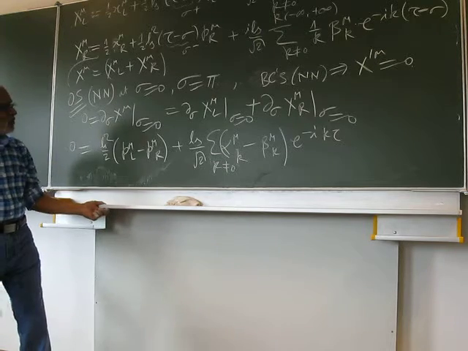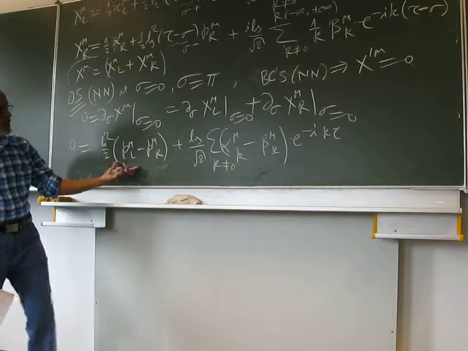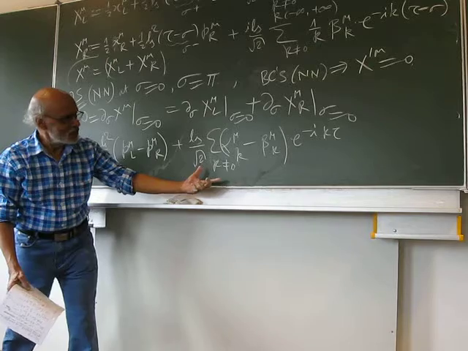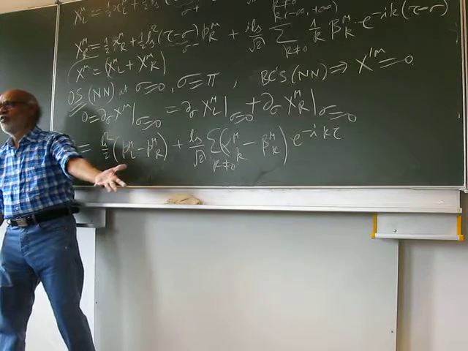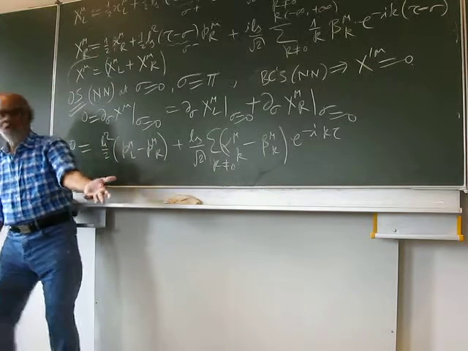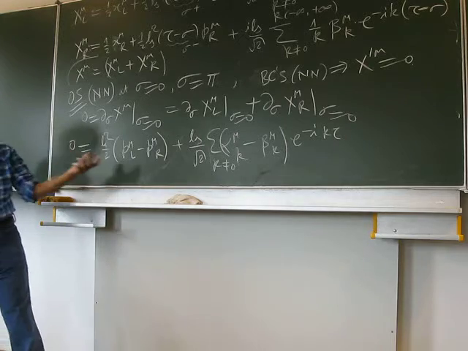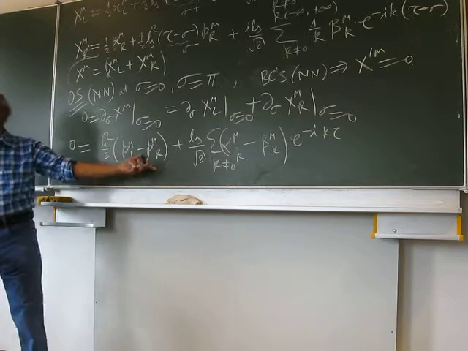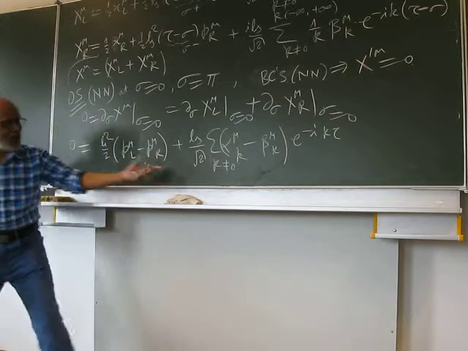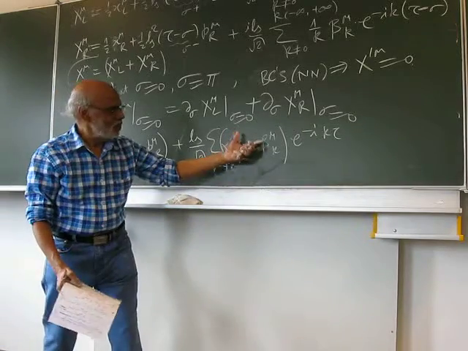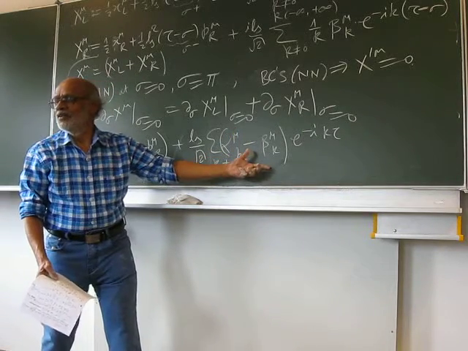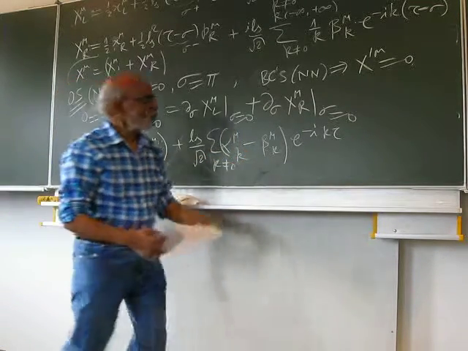So what we get is this and this. So what happens is that both the terms will have to vanish separately, if the left hand side is 0. So I would get PL mu equal to PR mu, and I would get alpha K mu equal to beta mu. This would be the outcome.